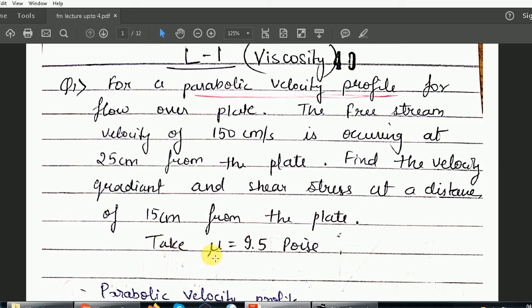Take mu, which is viscosity, as 9.5 poise. So the answer you will get after solving this first question is the velocity gradient will be 4.8 per second, and shear stress will be 4.56 Newton per meter square.